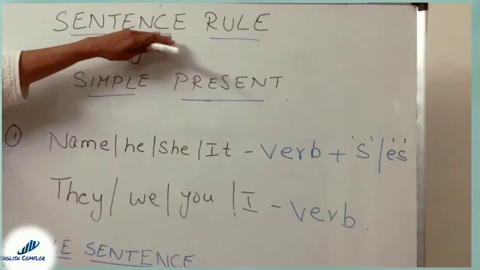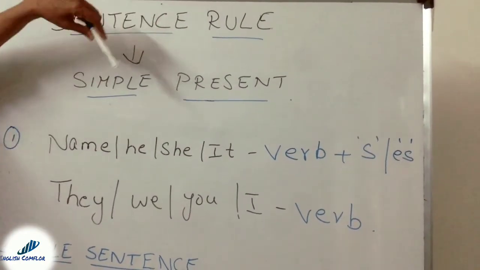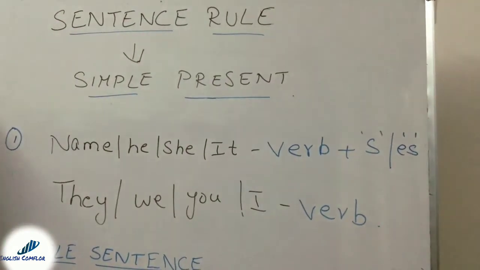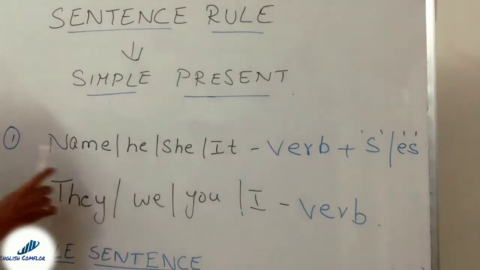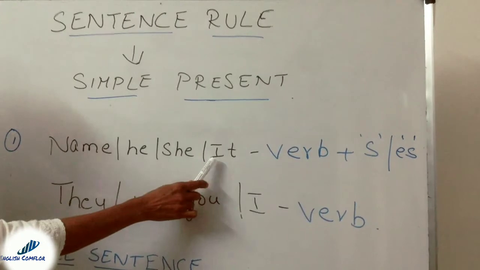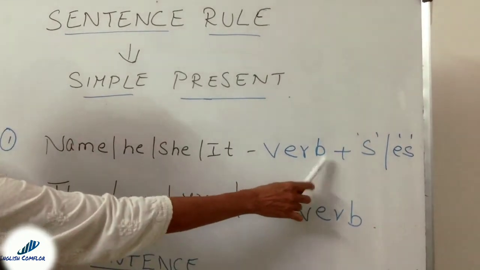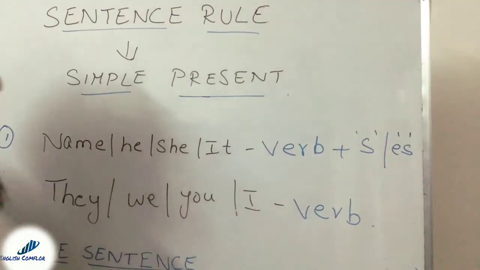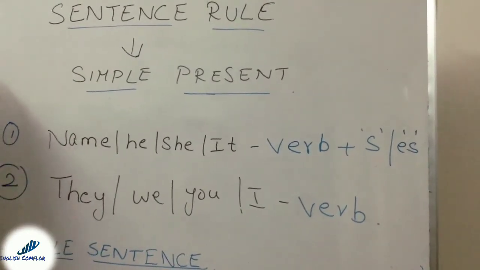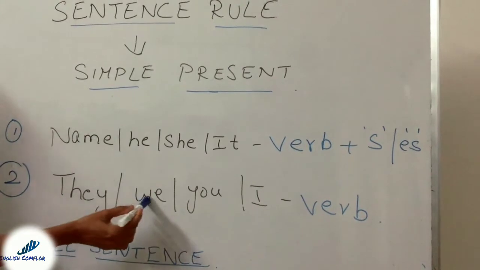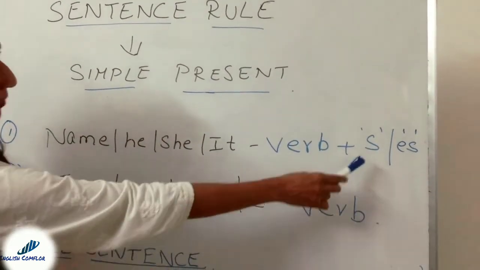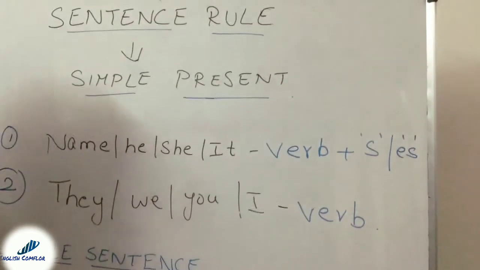Next we come to the sentence rule for simple present tense. For rule number 1, name, he, she, it: the verb goes with s or es. And number 2, they, we, you, I: the verb stands alone without s or es.